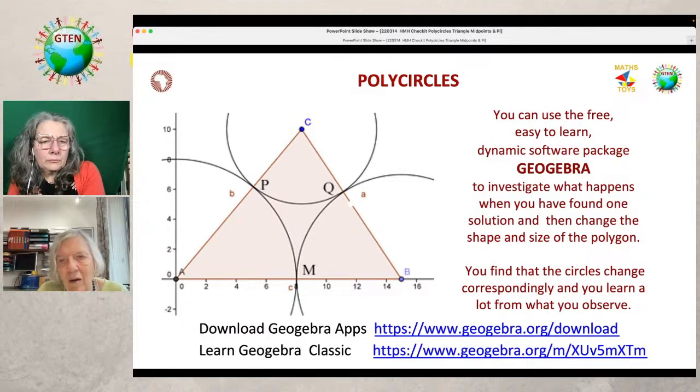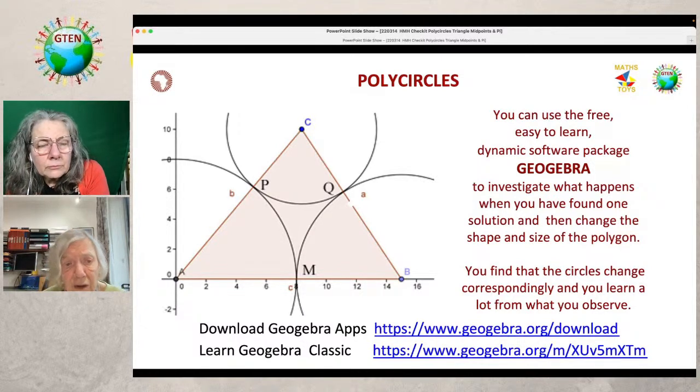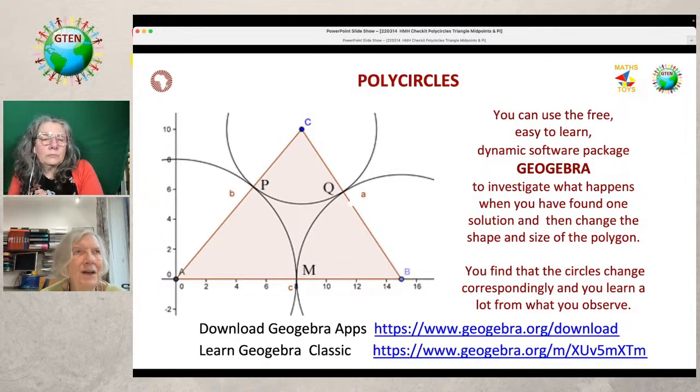And here we just want to flag up that if you haven't ever used GeoGebra, you might enjoy it. It's free. It can be used on a computer or any device, really, including a phone. You can download it. There is lots of help to learn to use it. It's very powerful software. It's always been free.